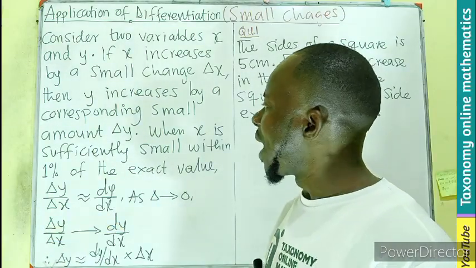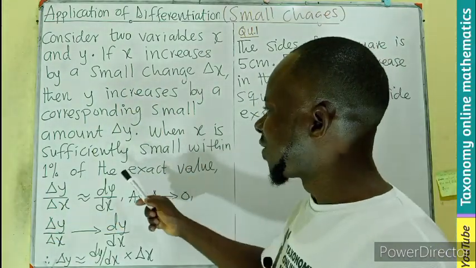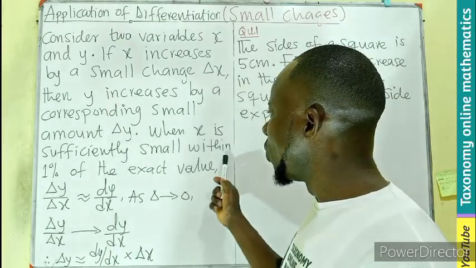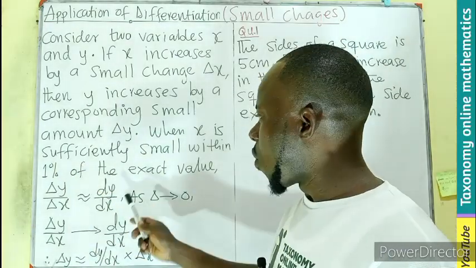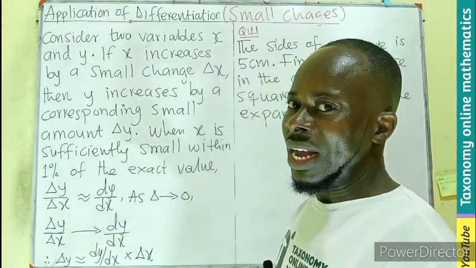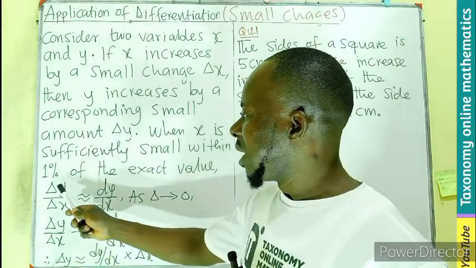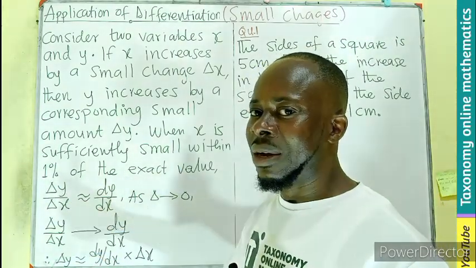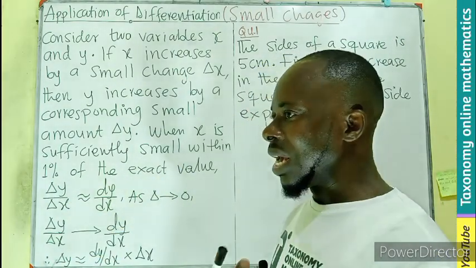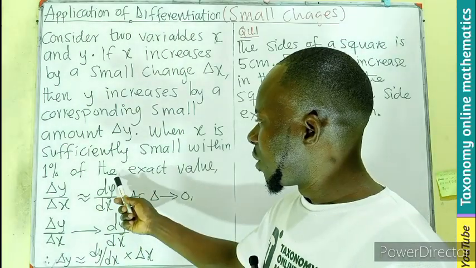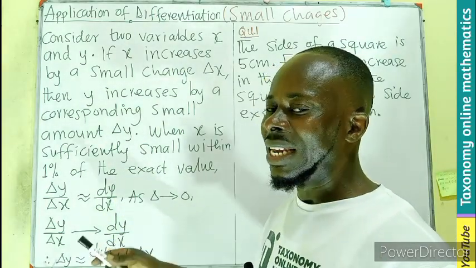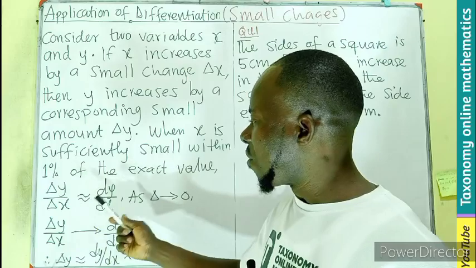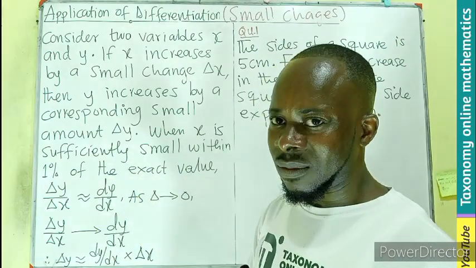Where x is sufficiently small, within 1% of the exact value, we can have the ratio of delta y over delta x to be approximately equal to dy dx, the differentiation of y with respect to x.